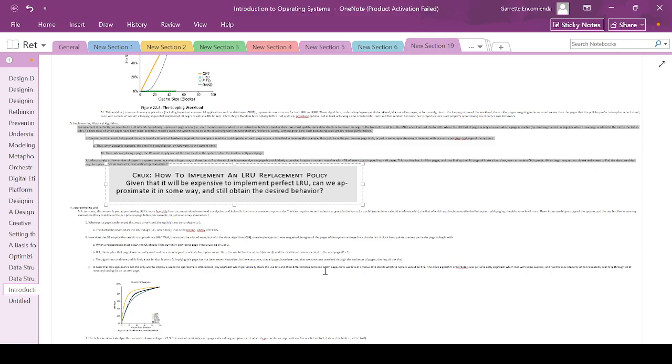Least recently used tells us which pages to kick out. Most recently used tells us which pages are frequently used, so we know what not to kick out.